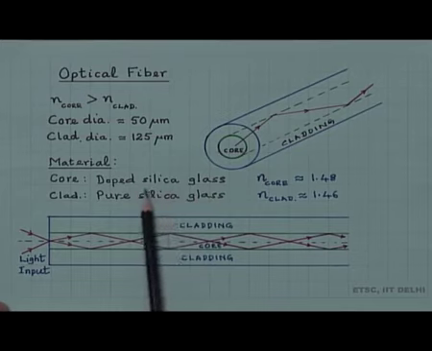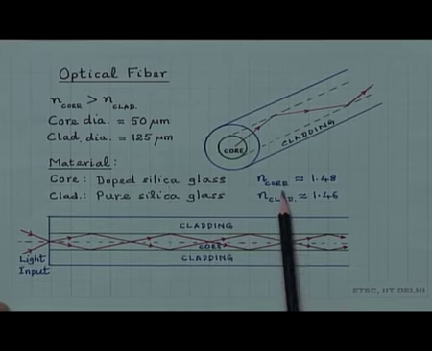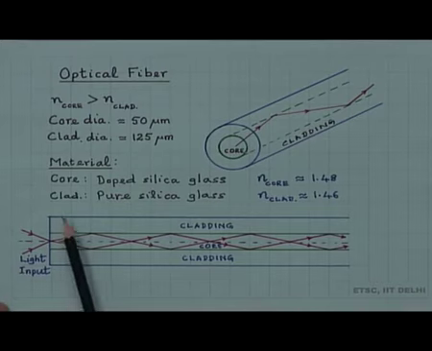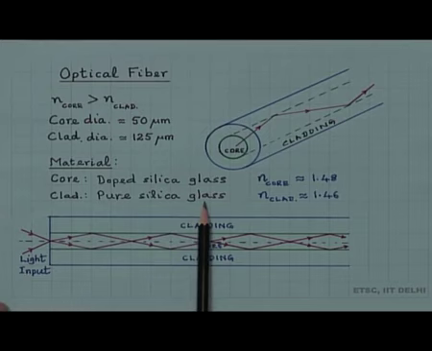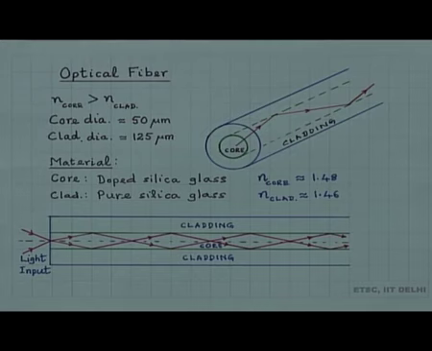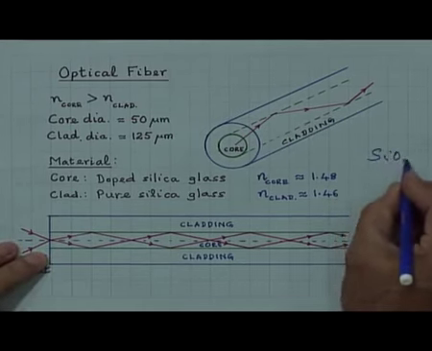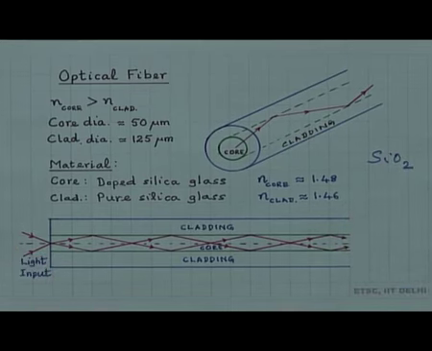Silica is SiO2 or fused quartz, doped silica glass with a typical refractive index of about 1.48, and the cladding comprises of pure silica glass and the refractive index is approximately 1.42.